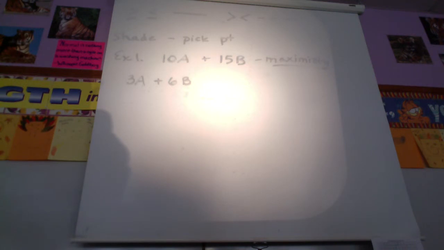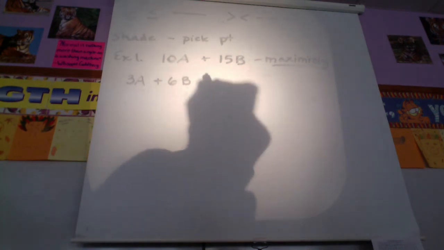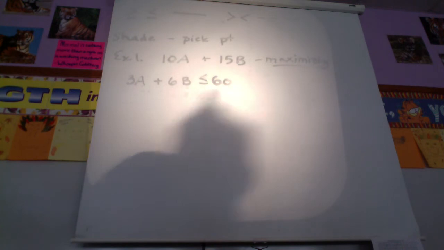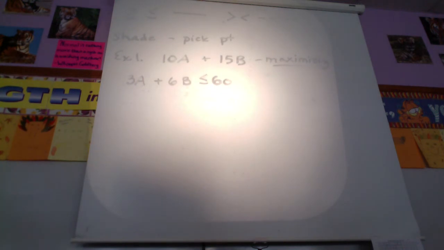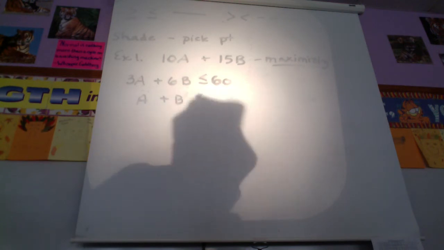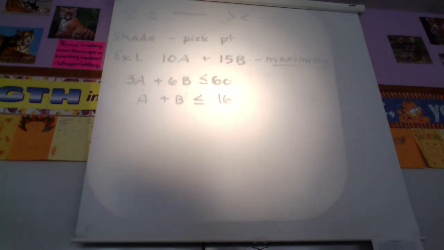The total time allowed is only 60 minutes. That means you can use less than or equal to the 60 minutes. You don't have to use all 60 minutes, but it'd probably benefit you if you did. You may not answer more than 16 questions. So A plus B has to be less than or equal to 16.